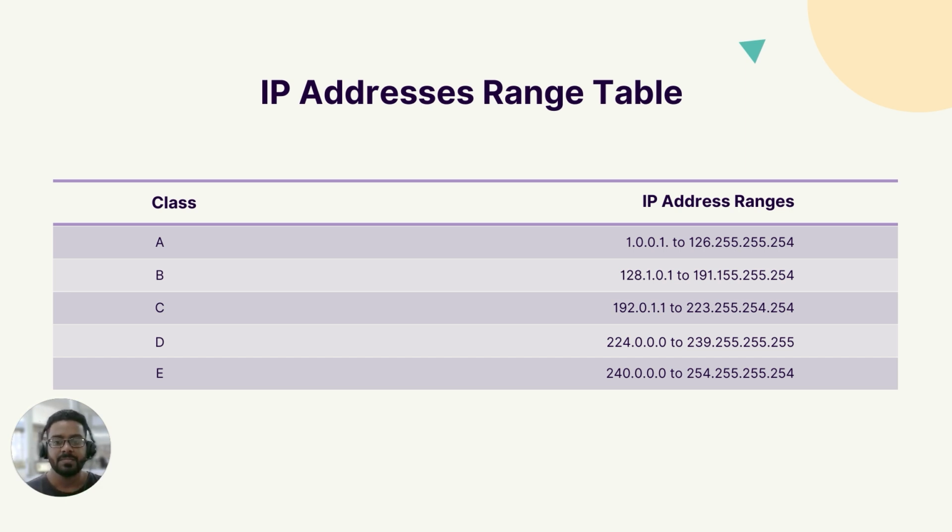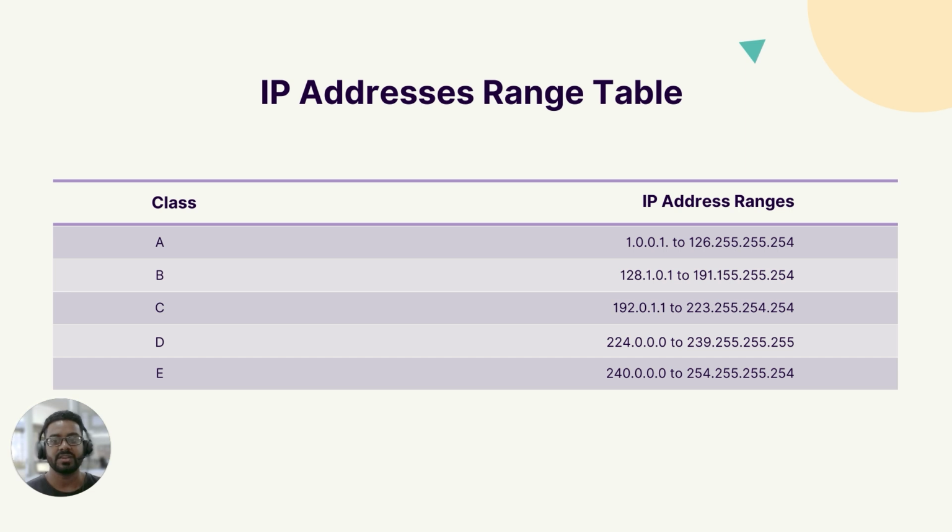Now, if you pay very careful attention to the table, you may just notice something. The range of IP addresses from class A to class B skips the 127.0.0.0 to 127.255.255.255 range.